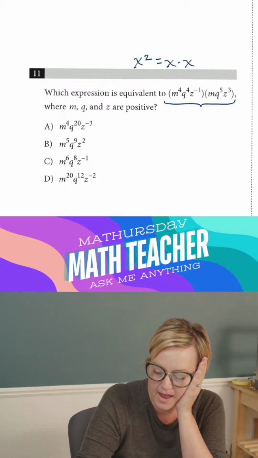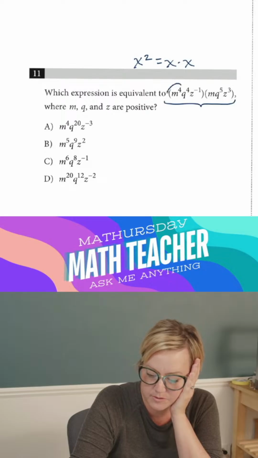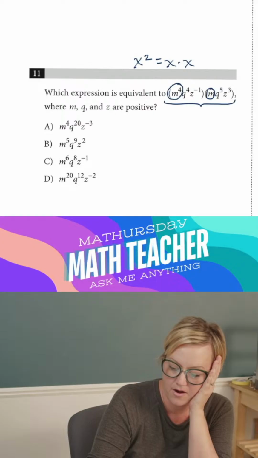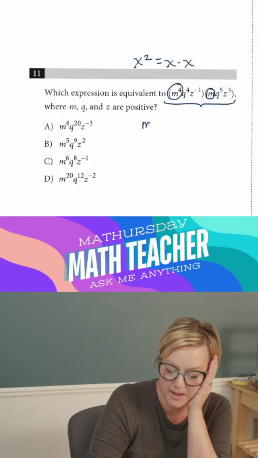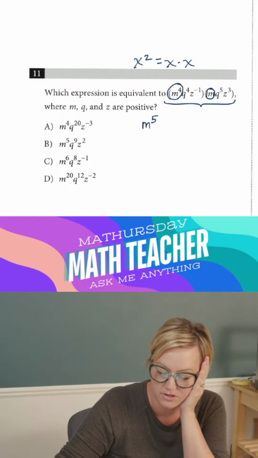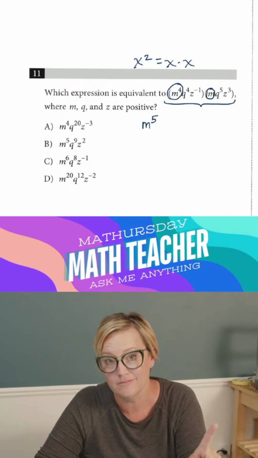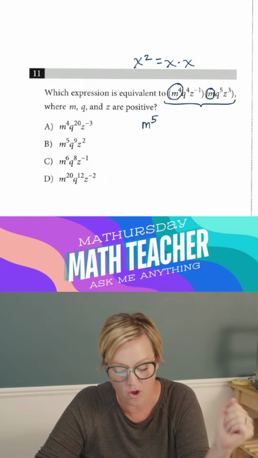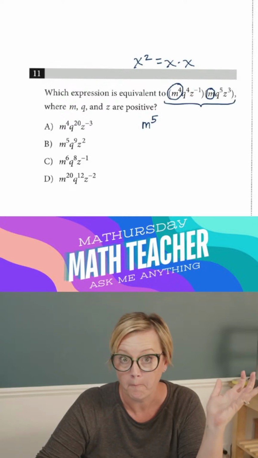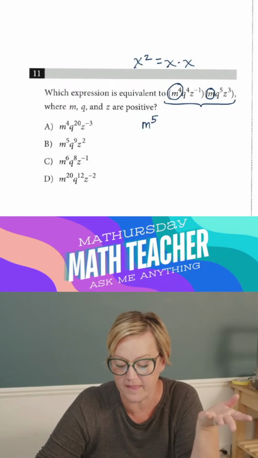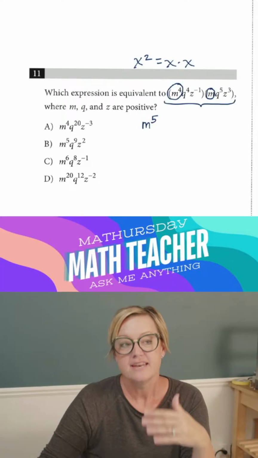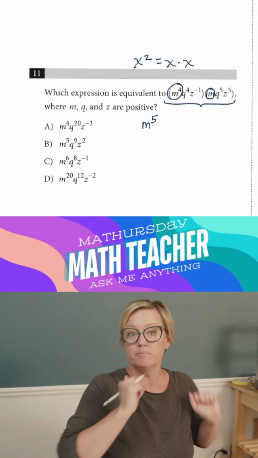If I've got 4 M's being multiplied here and 1 M being multiplied there, that means I'm actually multiplying 5 M's together. So it's M to the 5th. That right there is enough for me to say the answer has to be B, because B is the only one that has M to the 5th. Now I can just move on.